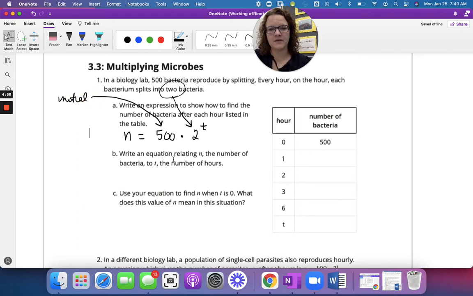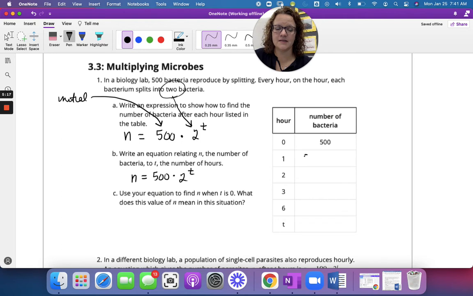And just like that, we have an expression, and time is in the exponent spot. So write an equation, oops, I'm sorry. I did not do part A correctly. I should have done this.